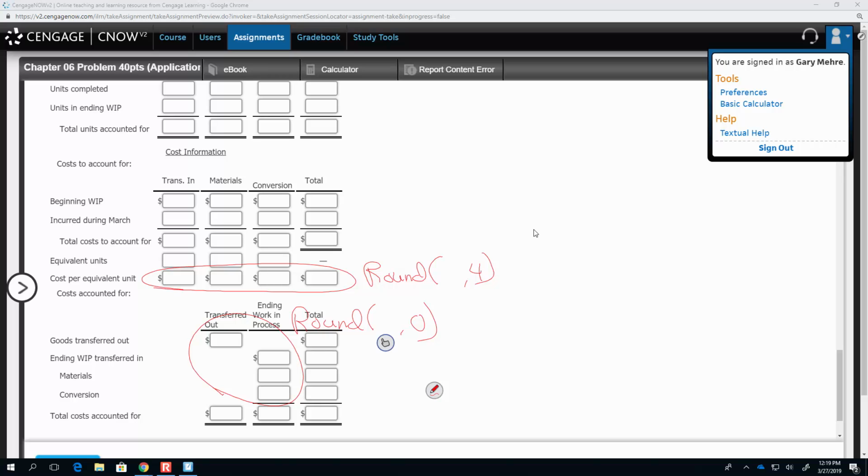Now, I think the first department they come out perfectly, but the second one that doesn't, you'll have a rounding issue here. But just let it go. Let it go wherever it is.